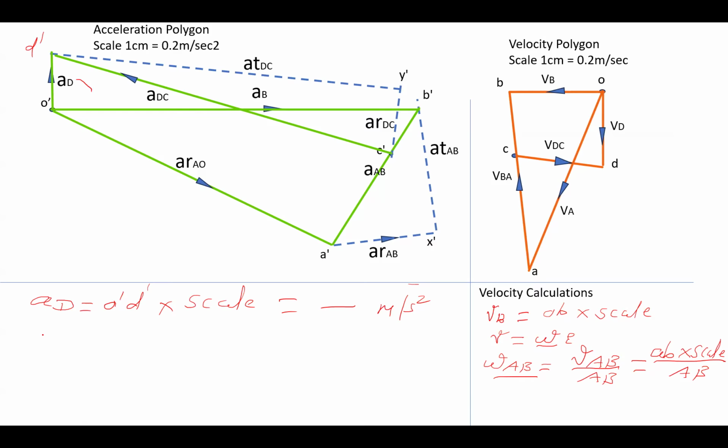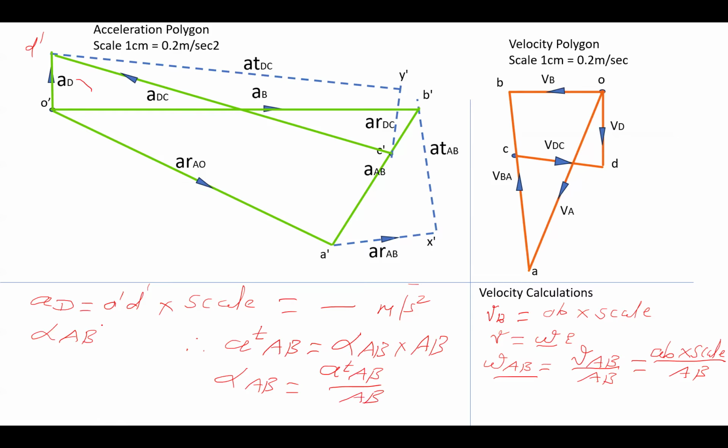Similarly, if they ask you to find out the angular acceleration of link AB, we know the tangential formula of acceleration is given by alpha AB multiplied by link AB. So alpha AB is a_t AB divided by link AB.